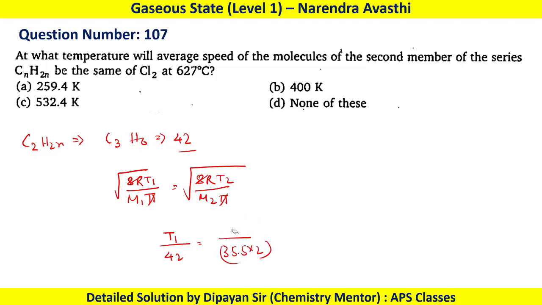Here T2 is given in the question, that is 627 plus 273. Hence if we calculate this, T1 will become 532.39 Kelvin, which is nearly equal to 532.4 Kelvin. Hence option C will be the correct option.